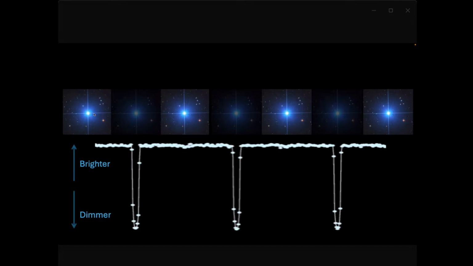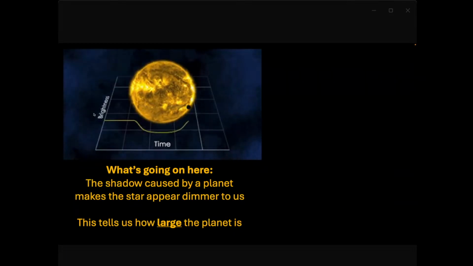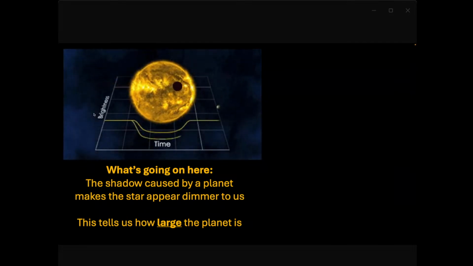We get this nice regular pattern. Astronomers call this the transit method of detecting planets. And the reason we call it the transit method is that we have a strong suspicion for what's causing that dimming. It's the shadow of the planet passing in front of the star. That makes the star look dimmer to us.